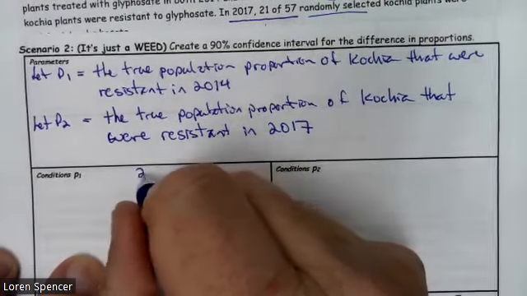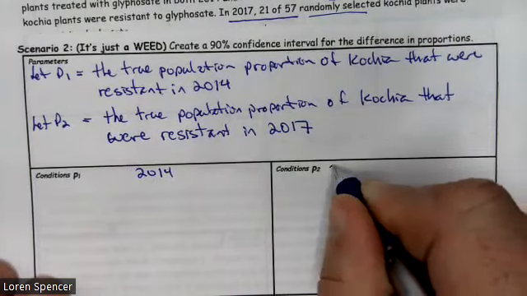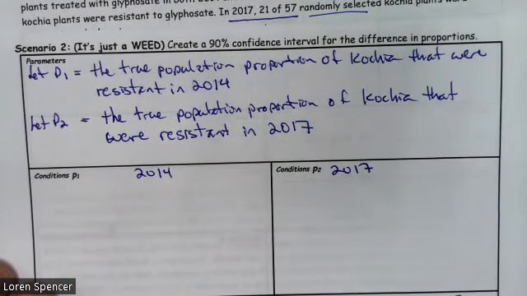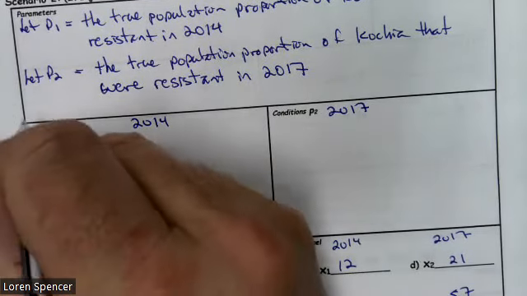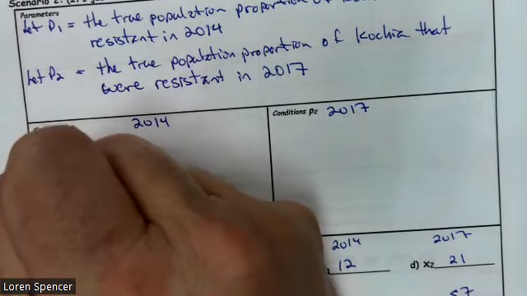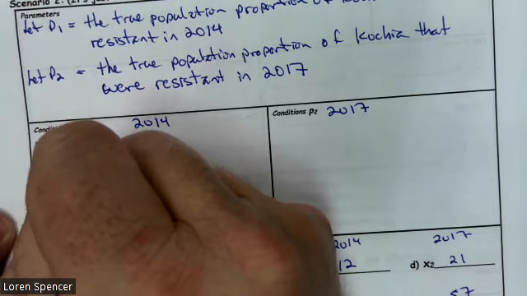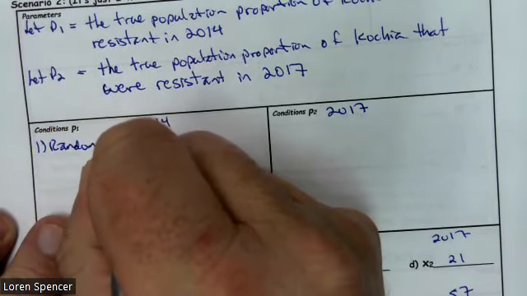So this one here is 2014, this is 2017, and we can go ahead and start running with our conditions. First off, random sample.